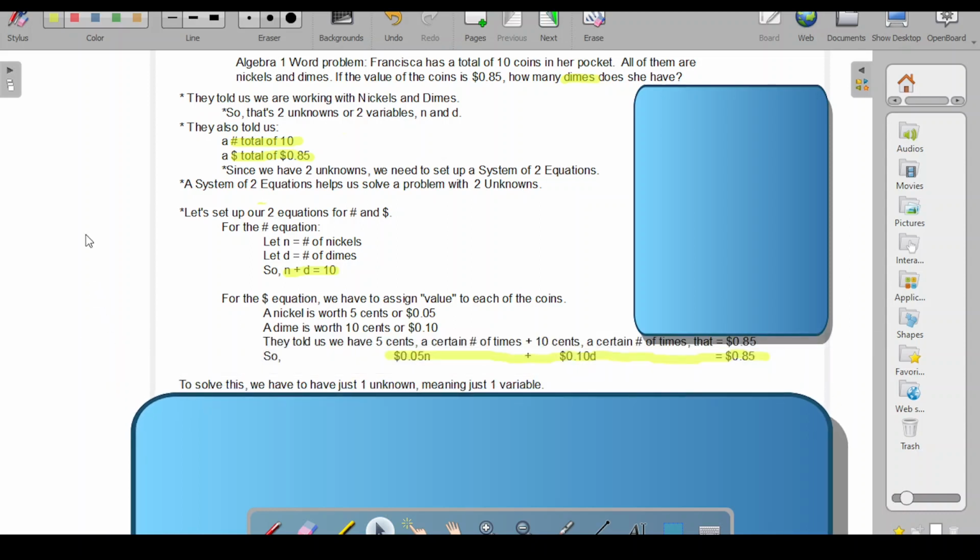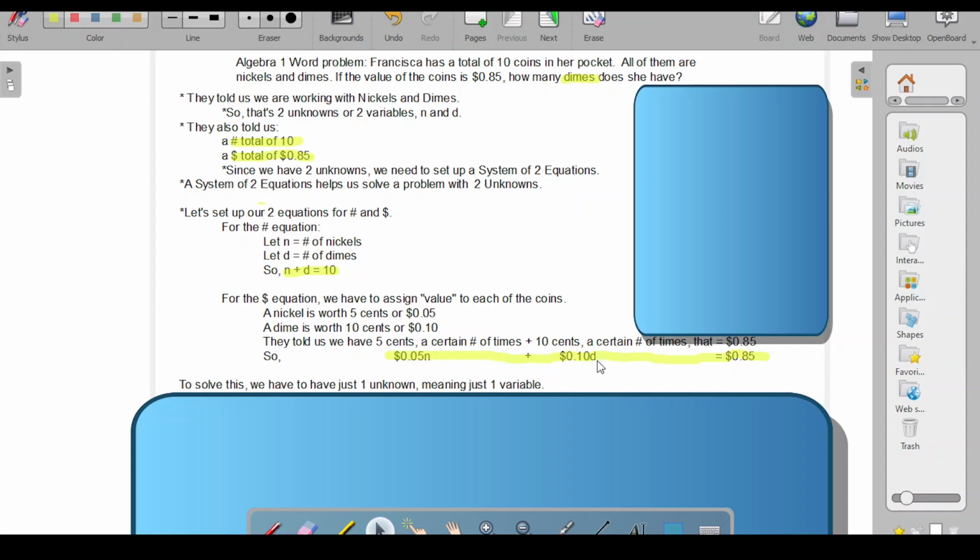To solve this, we have to have just one unknown, meaning one variable. We can't solve it for d, because we have this n here.